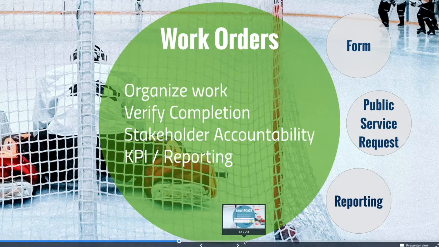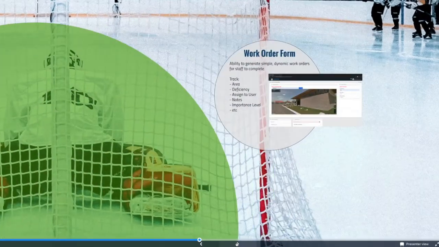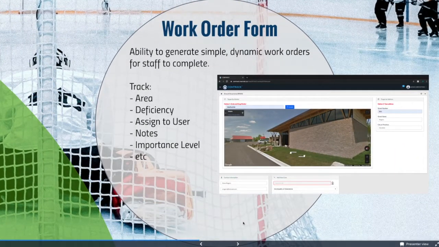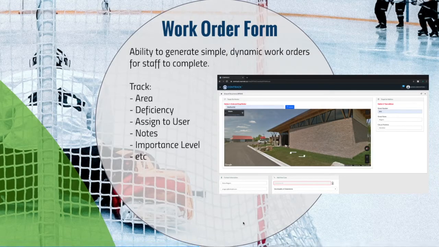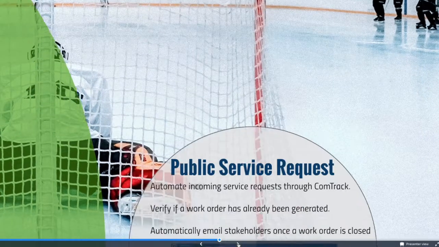So when it comes to work orders, you can generate work orders either from your inventory form, or from a failed inspection, or within the work order module itself. So you would be able to define what the deficiency was, where it happened, who to assign it to, and its level of importance.